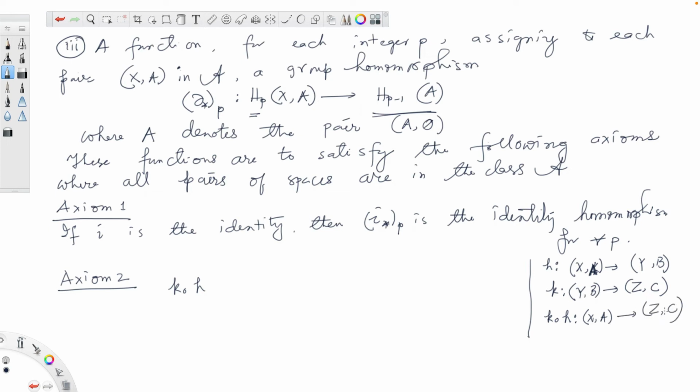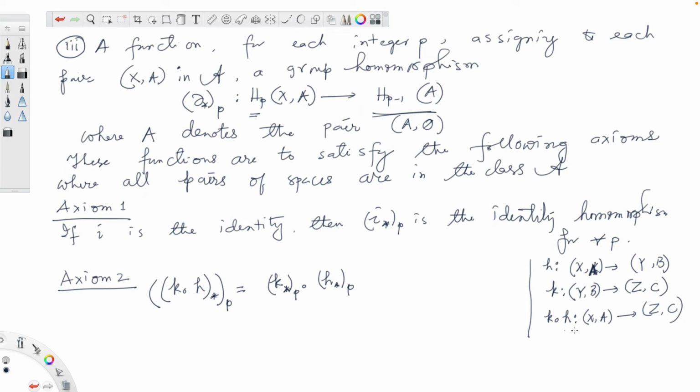Okay, this is K composed with H, and the second axiom tells us that the group homomorphism induced from this composed map in our category, in dimension P, which we write as K composed with H star at P, has to be equal to the group homomorphism induced by K in dimension P composed with the group homomorphism induced by H in dimension P. This is the second axiom.